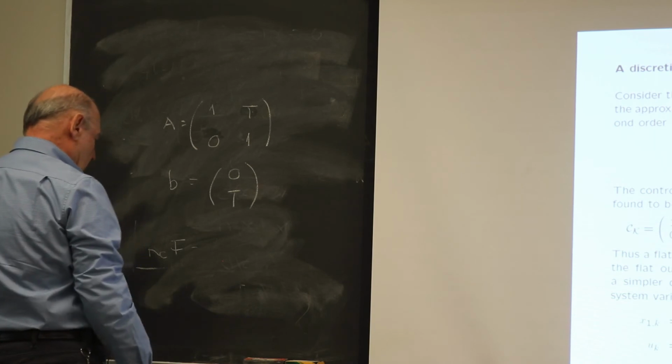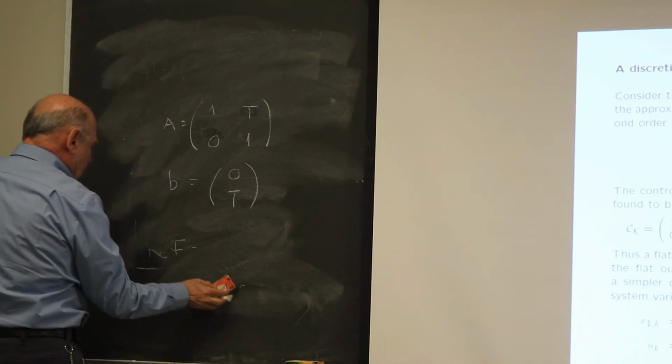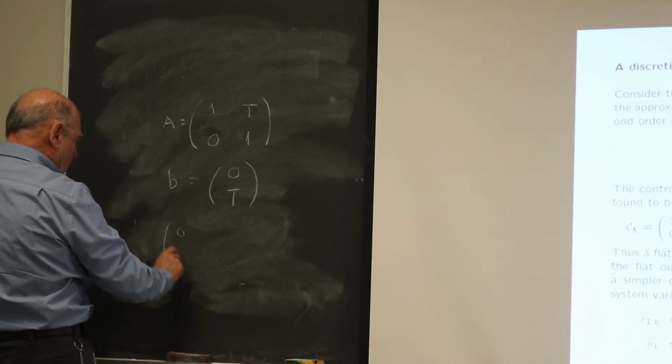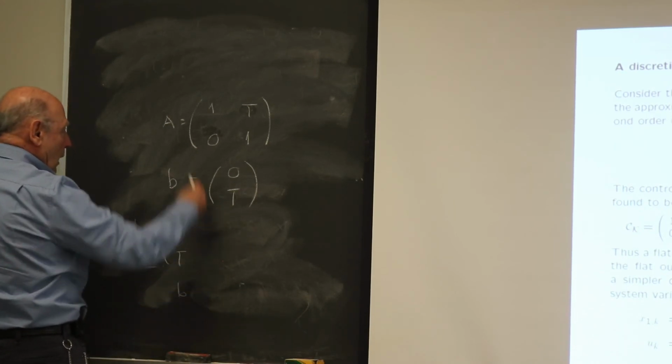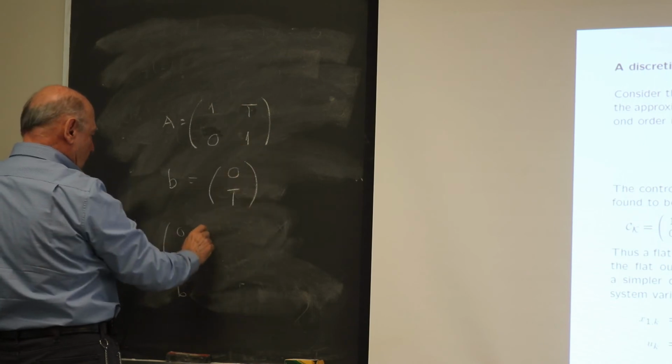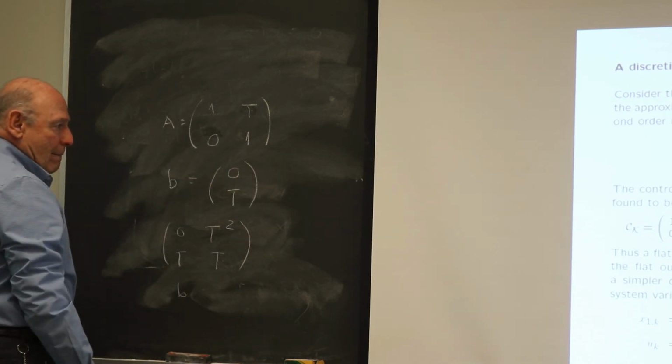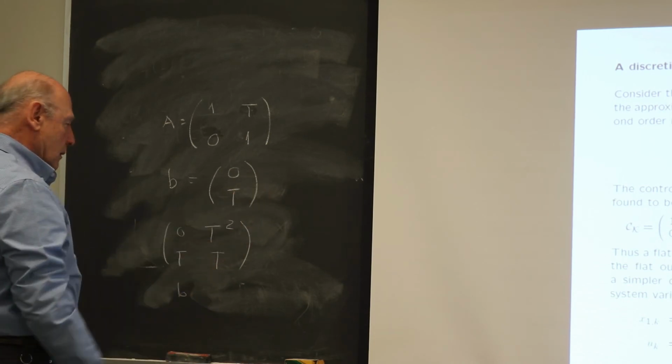So the Kalman controllability matrix is B, which is [0; T], and AB. AB is just T squared here and T here. So yeah, there was a mistake there.